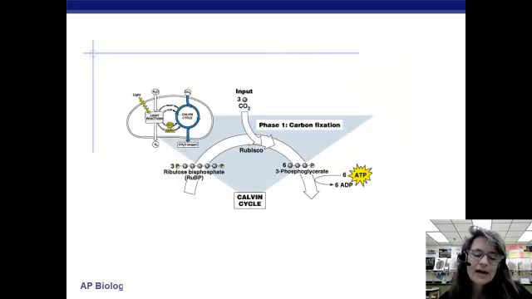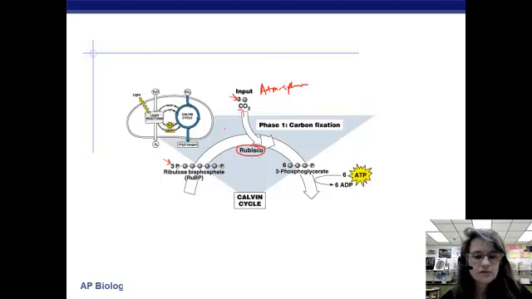So here we go. In order to make this work, please understand these numbers here are telling you how many CO2s, how many RuBPs have to be involved. So 3 CO2 molecules have to come in. This is the atmosphere out here. So this is bringing CO2 into the leaf from the atmosphere.